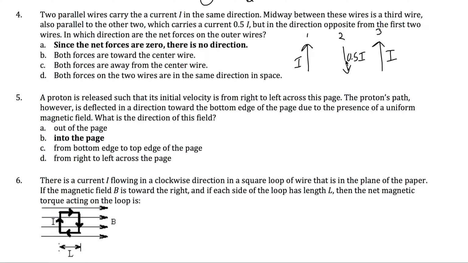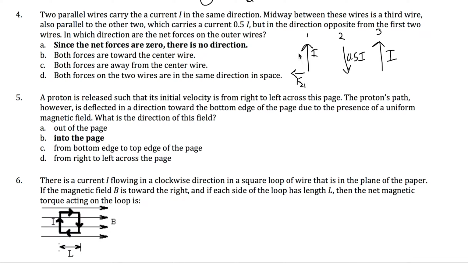So there's a force from number 2 acting on number 1. And when they're in opposite directions, the force is going to be repulsive. So this is going to be F21.